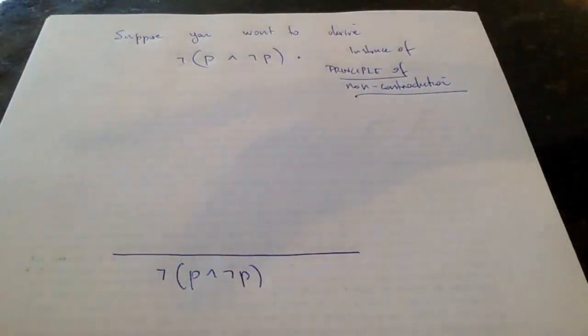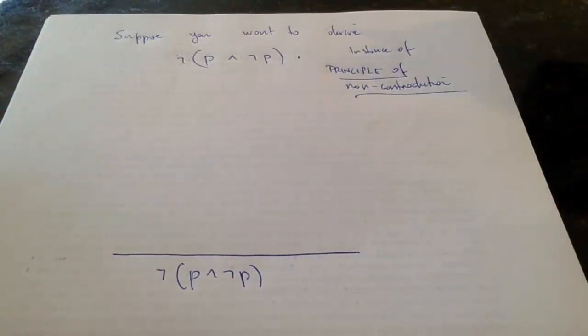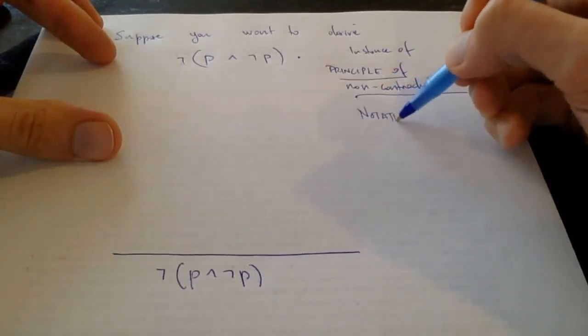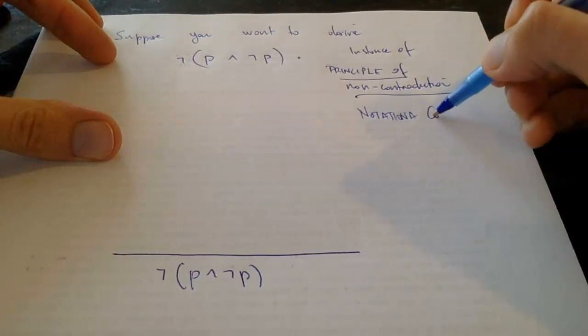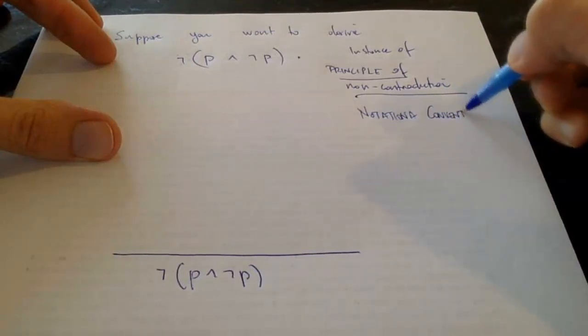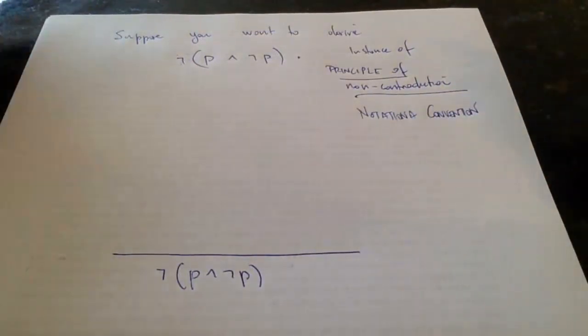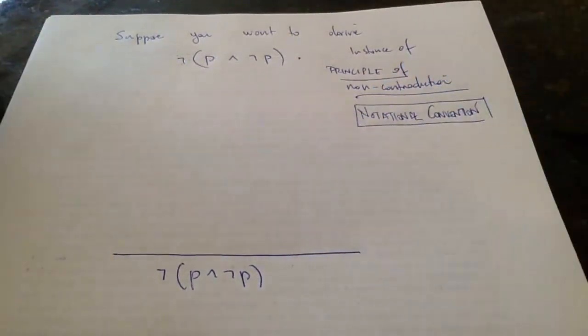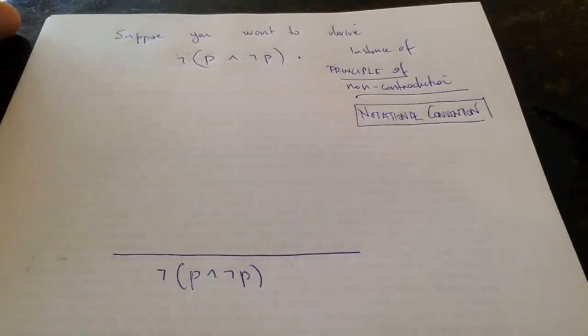And in our system of derivations, we handle negations in the following way. We use the notational convention. And the notational convention tells us that whenever we have a negation, that negation is equivalent to the negated formula implies the contradiction.